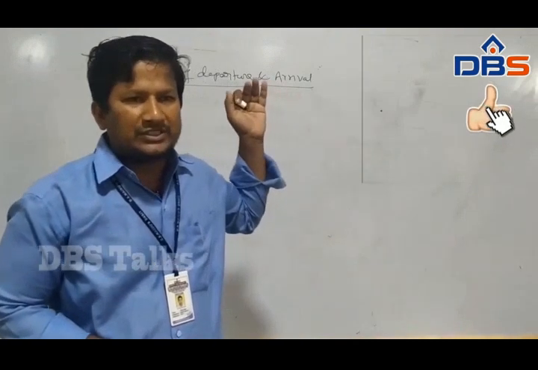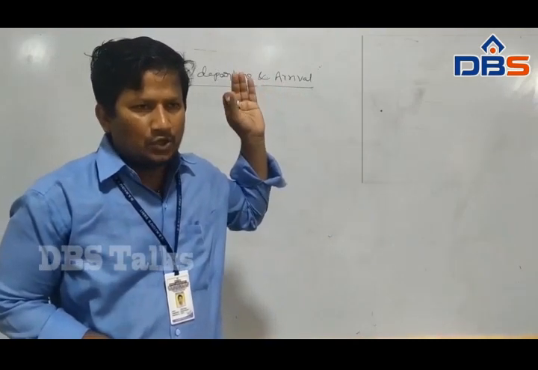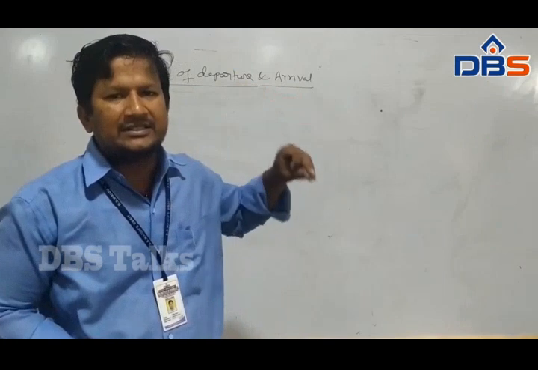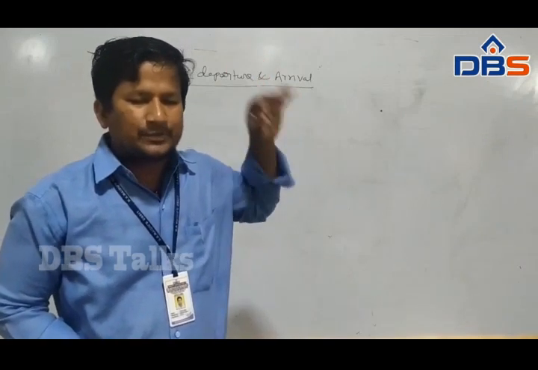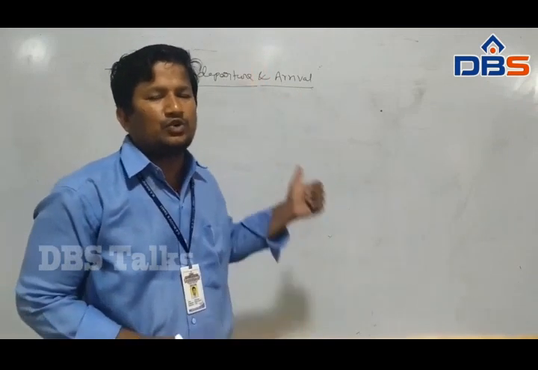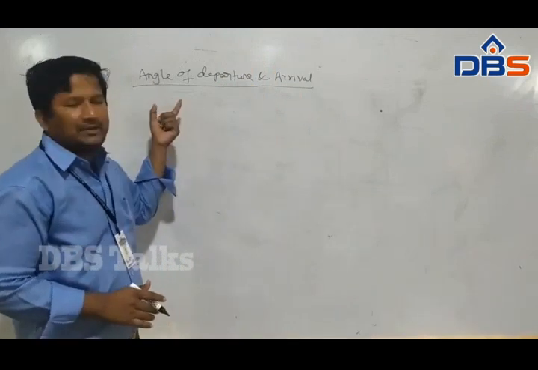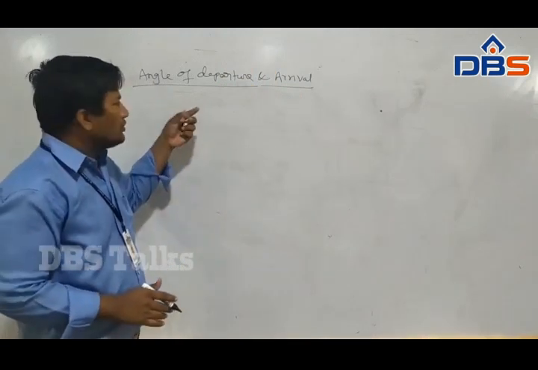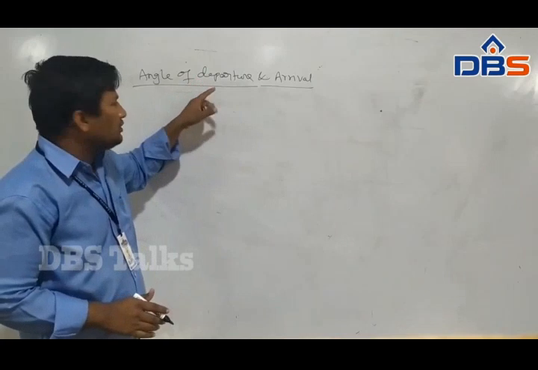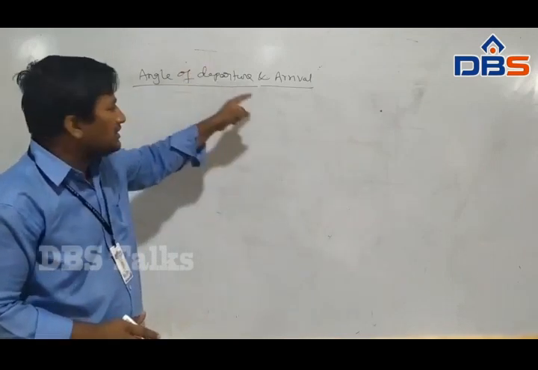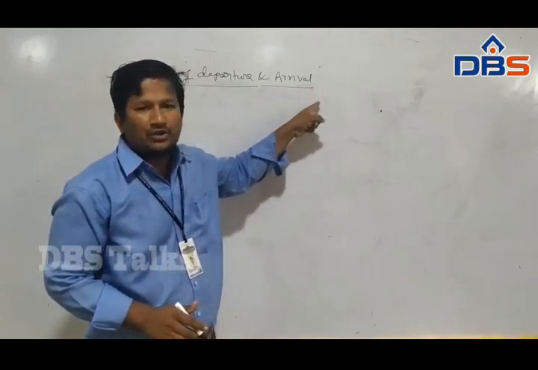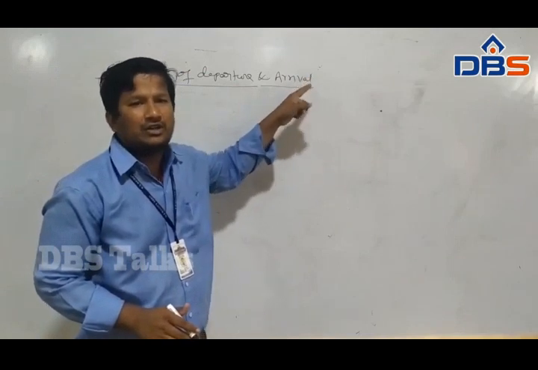Whenever the open loop transfer function G(s) contains complex poles and complex zeros, then only you have to calculate them. Whenever complex poles are available, you calculate the angle of departure, and whenever complex zeros are available, you calculate the angle of arrival.